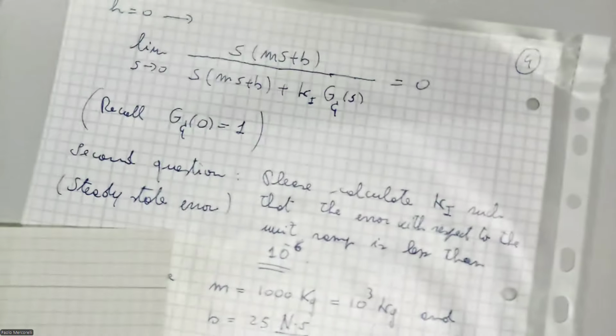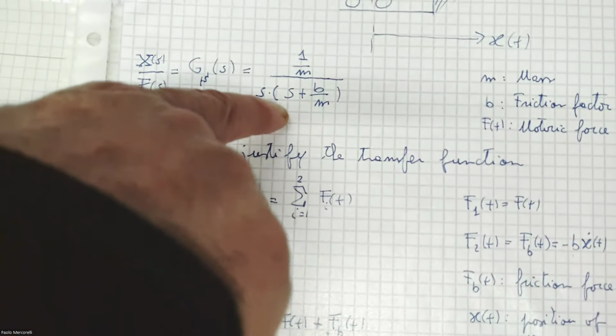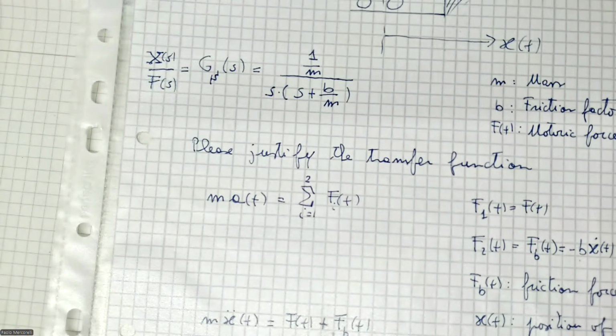If you look at the transfer function, we have an integral in the system. This means that this integral action is already there. In this sense, I don't need one if I want to track a step.